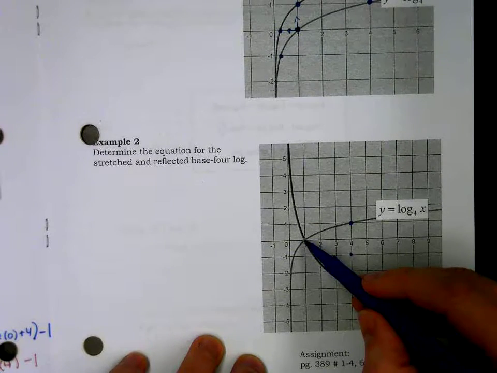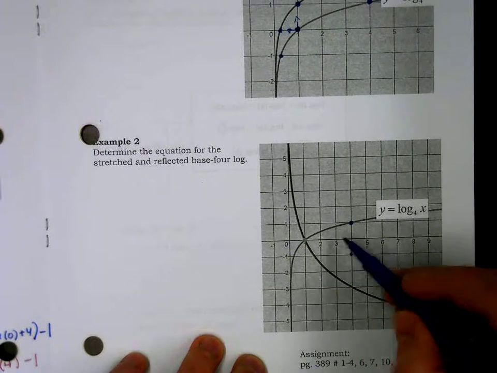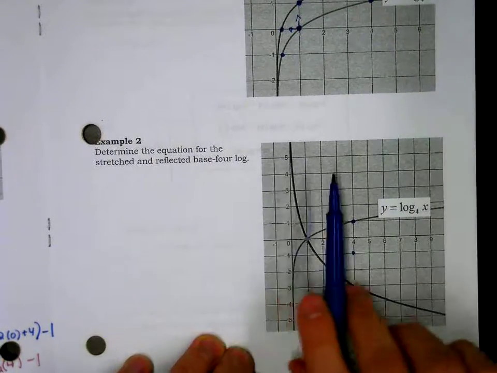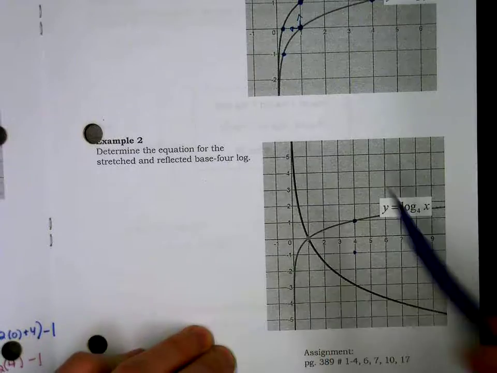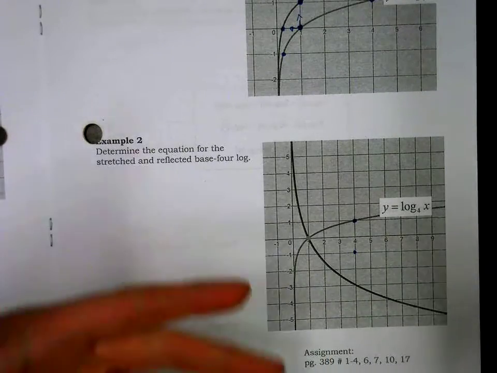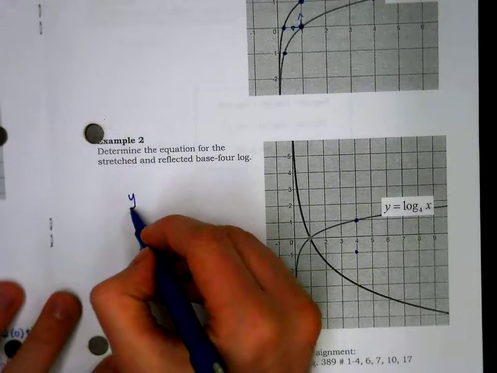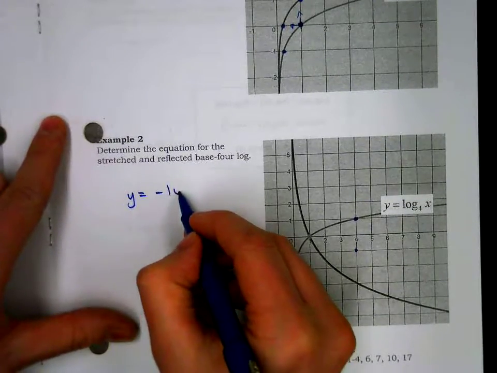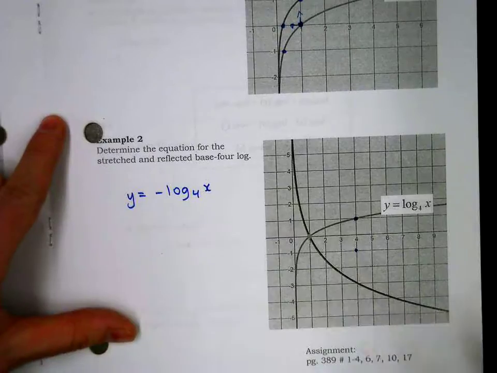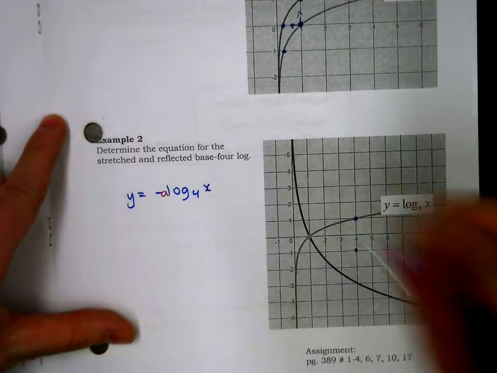So it hasn't been horizontally stretched out, because that 1 would have stretched out somewhere else. There hasn't been a shift in your asymptote this way, so I'm thinking that it's a vertical flip and then a vertical stretch. So there has to be some vertical flip and a vertical stretch. I'll just put a value in front of that.